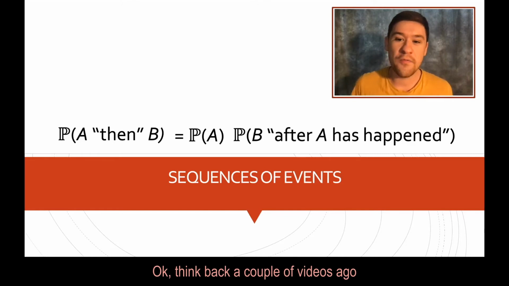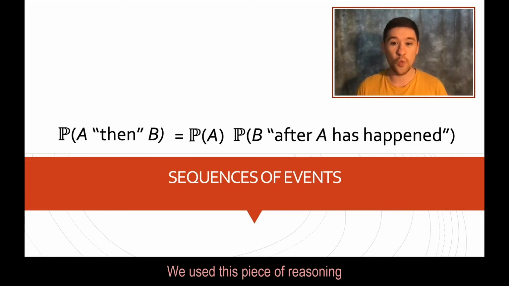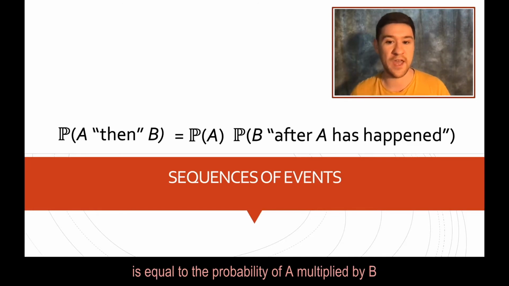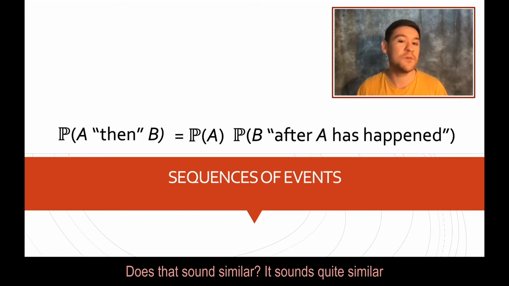Okay, think back a couple of videos ago when we did sequences of events. We used this piece of reasoning. We said that the probability of A and then B happening is equal to the probability of A multiplied by the probability of B after A has already happened. Does that sound similar? Sounds quite similar to what we are doing now.